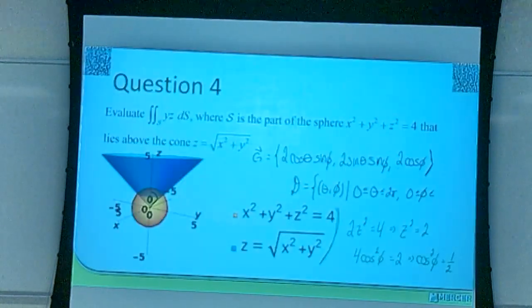So 0 to pi over 4. Why is it positive root 2 over 2 and not negative root 2 over 2? It's above the cone. Oh, because it's a square root, and the square root gives you plus or minus. What's the total range for phi?